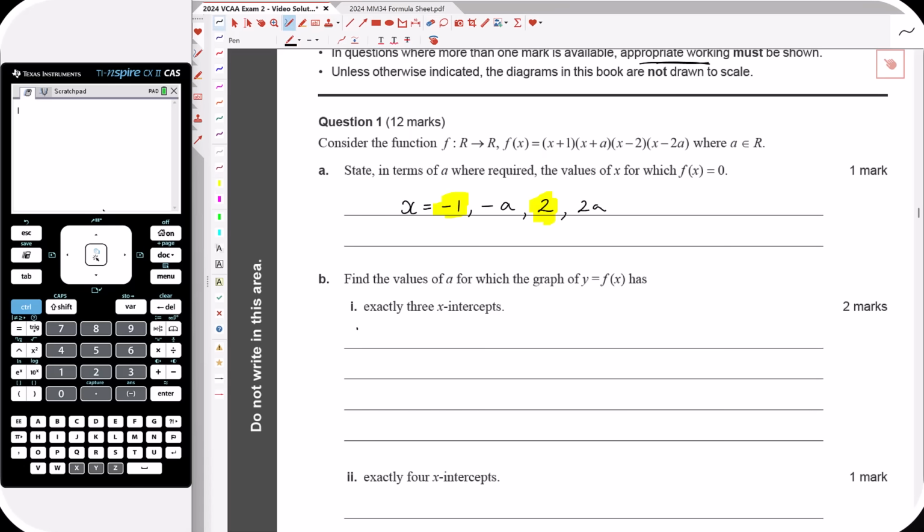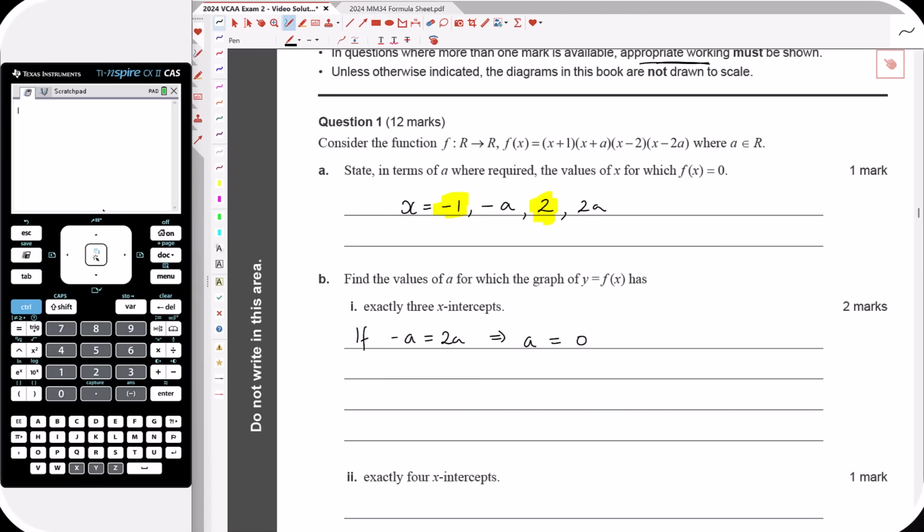So obviously, if -a equals 2a, that means that a equals 0. That would mean that both of these intercepts are x equals 0, and so therefore we only get 3 intercepts: -1, 2, and 0. So that's one option.